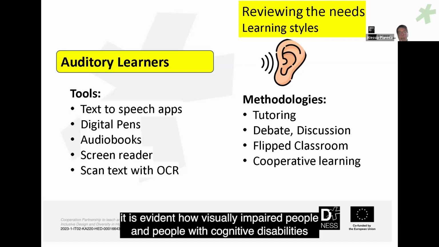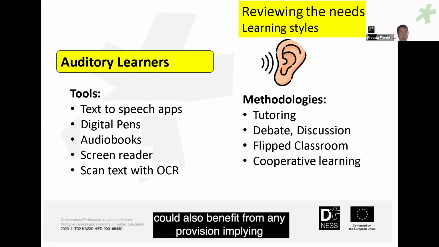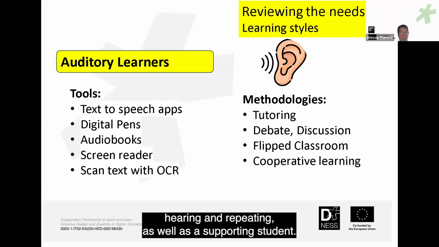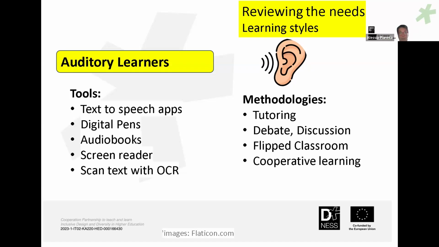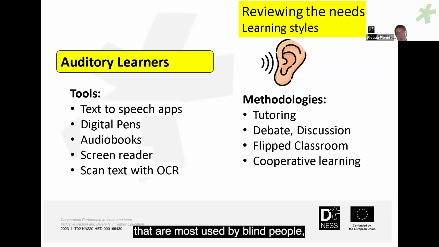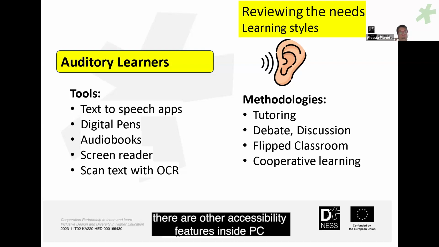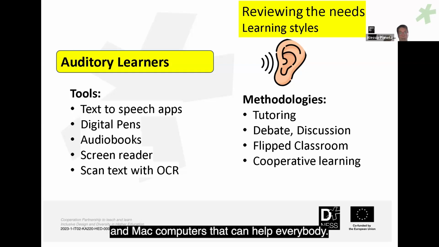It is evident how visually impaired people and people with cognitive disability could also benefit from any provision implying hearing and repeating, as well as foreign students. So, besides the screen readers that are most used by blind people, there are other accessibility features inside PC and Mac computers that can help everybody.